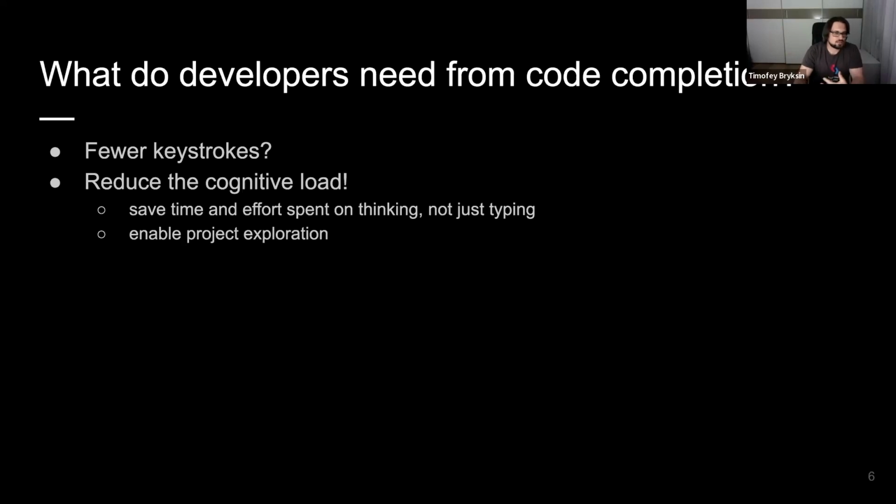But a lot of people here write code, so how much time while writing code do you actually spend on typing? I bet that you read and debug code way more than you write it. And even when you do write code, typing is not a major concern. So with code completion, we want to save time and effort spent on thinking, not just typing. This is my hypothesis.